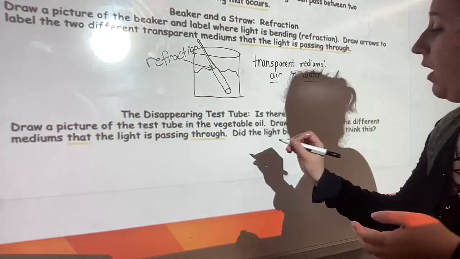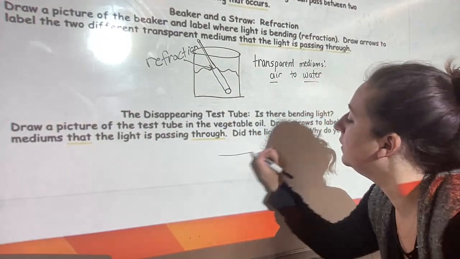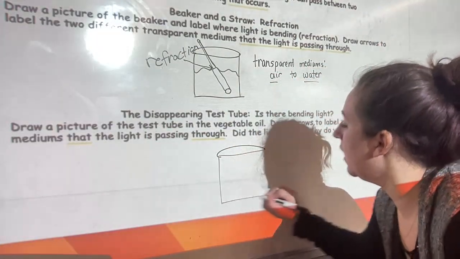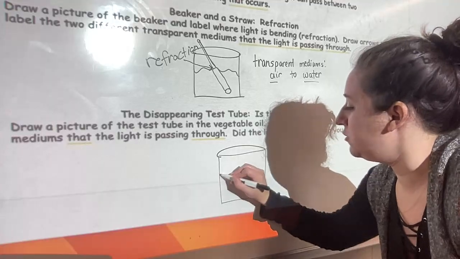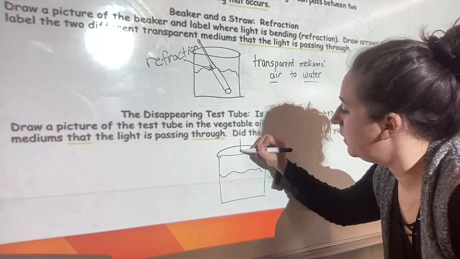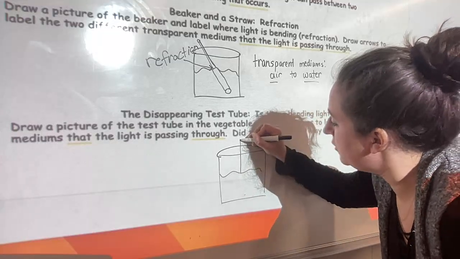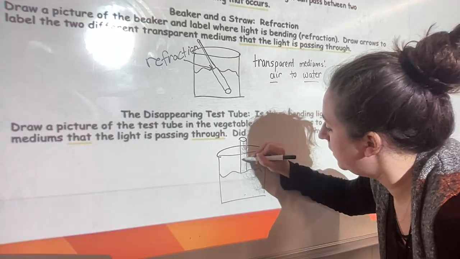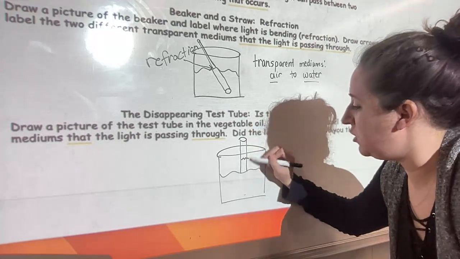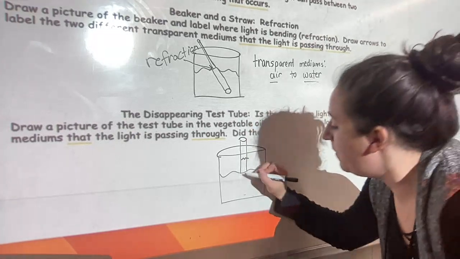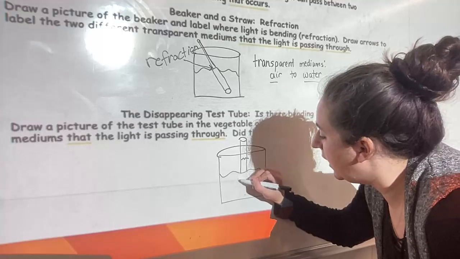So if we draw this here, okay, there's my beaker, there's my vegetable oil, there's my test tube with the vegetable oil in it. And we could see the test tube and the vegetable oil just fine, but when we put it in here, it kind of disappeared.